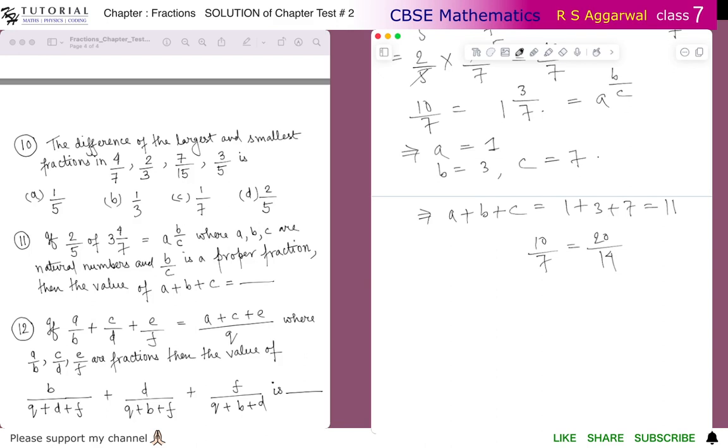So 10 by 7 equals 20 by 14. Now if you convert 20 by 14 into a mixed fraction, this becomes 1 upon 6 by 14, and 6 by 14 is also a proper fraction. So you could say that a equals 1, b equals 6, and c equals 14.